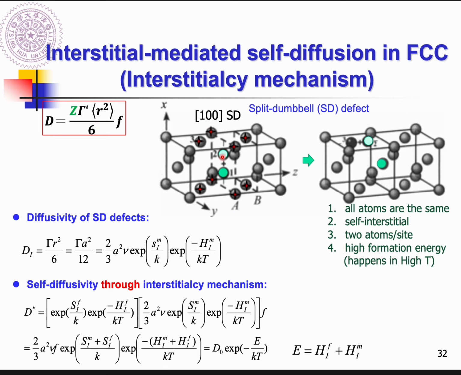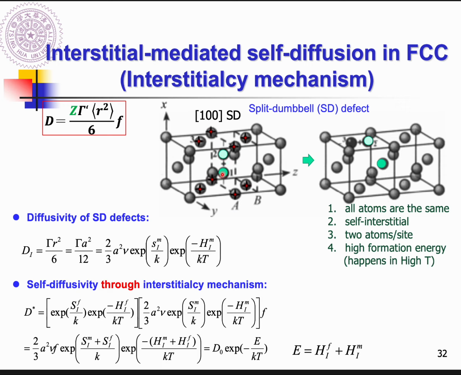Because we consider the split dumbbell, or these two atoms, as a group, we need to consider where the shortest jumping distance is for this group. Because the upper atom is above the lattice point, the shortest jumping distance has 4 possible locations, 1, 2, 3, 4, right?